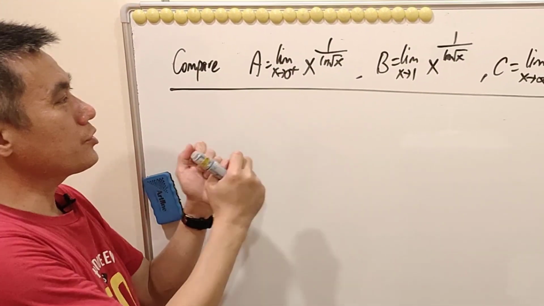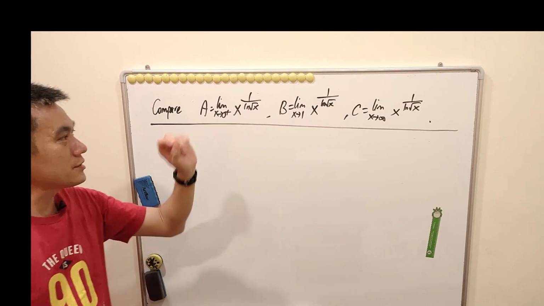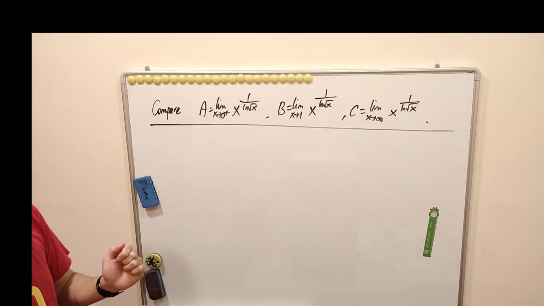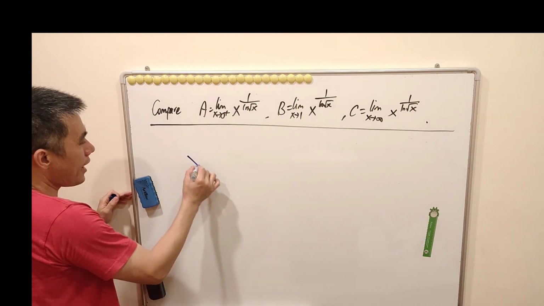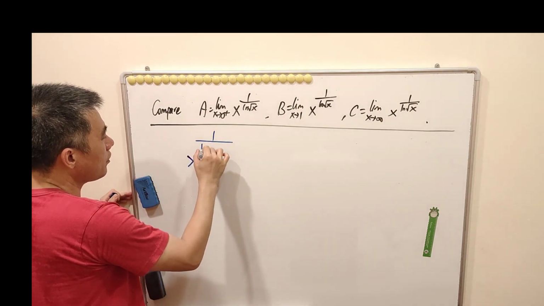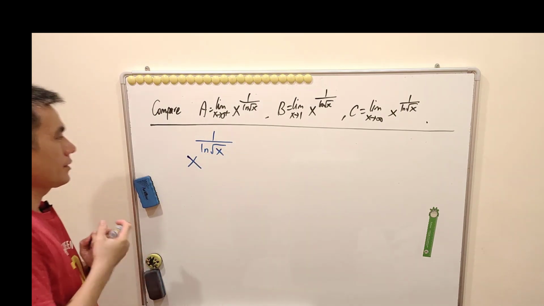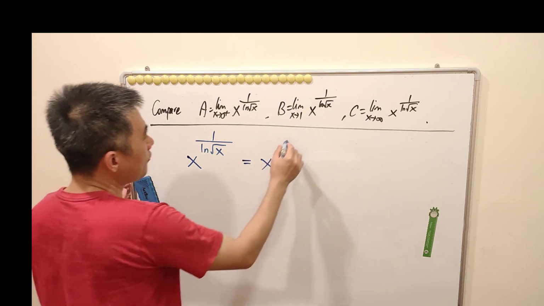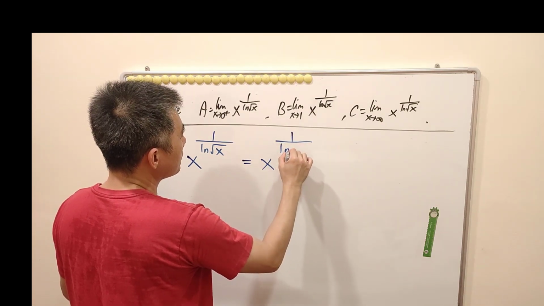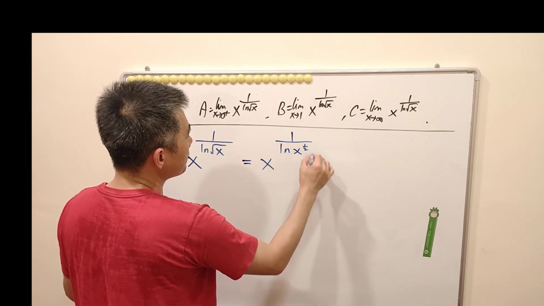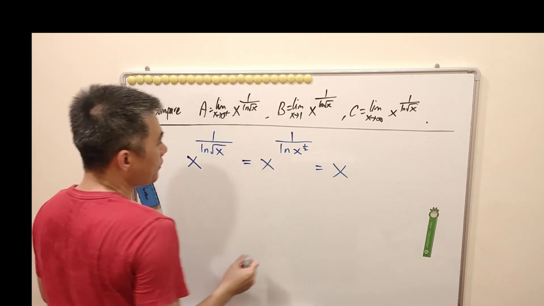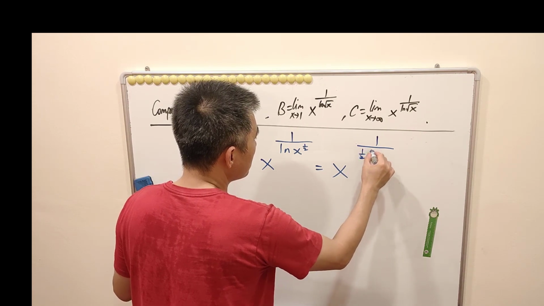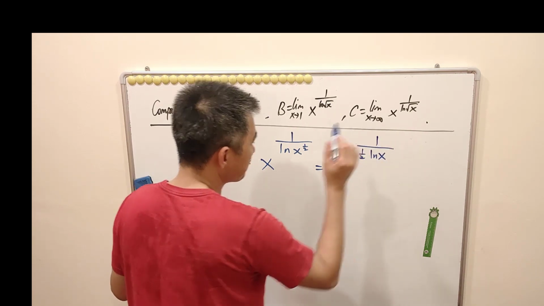If we look at this question closely, actually it's nothing to do with the limit. We just need to focus on the function itself. x to the power of 1 over log square root of x is equal to x to the power of 1 over log x to the power half, and using the property of log, this is 1 over half log x.